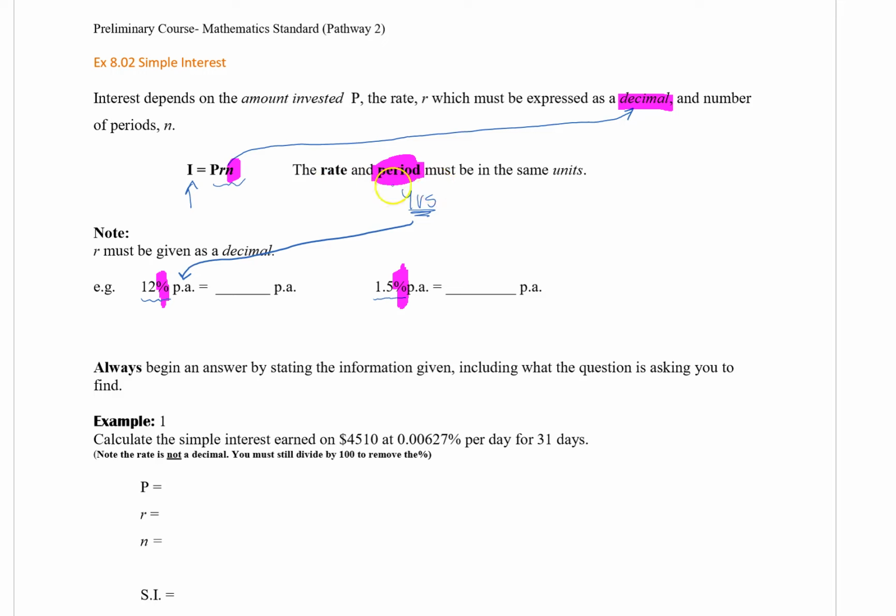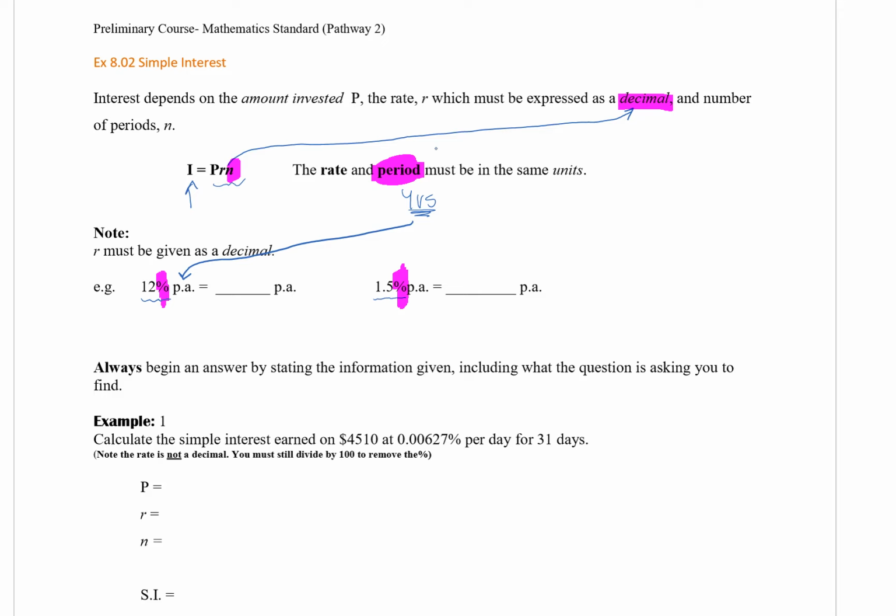If they're both in the same unit, years, or they're both given per month or per quarter, then we don't have a problem. We can use the numbers straight into the formula. So if they're not given in the same units, you've got to adjust one to match the other unit.